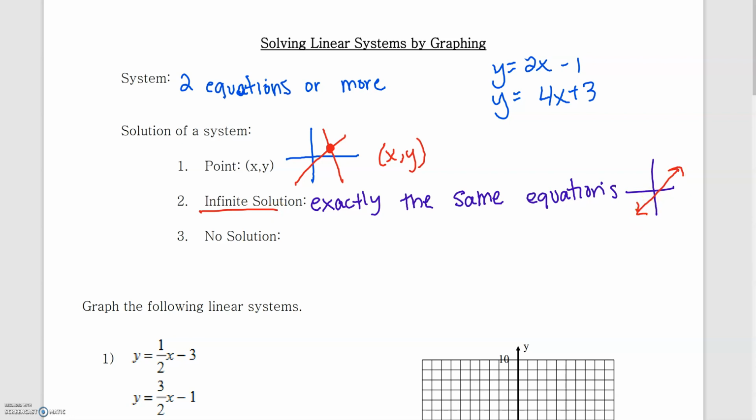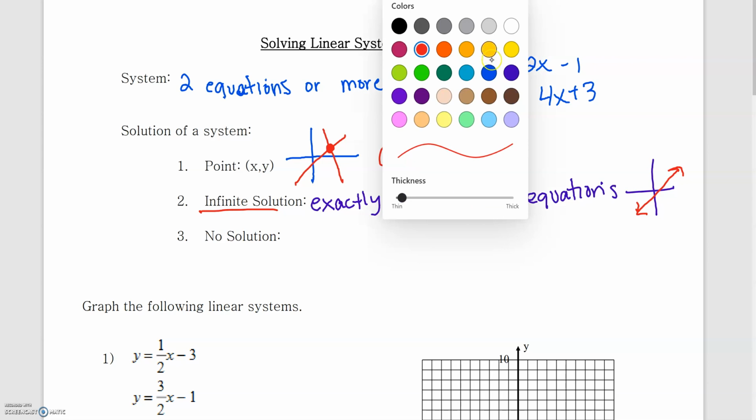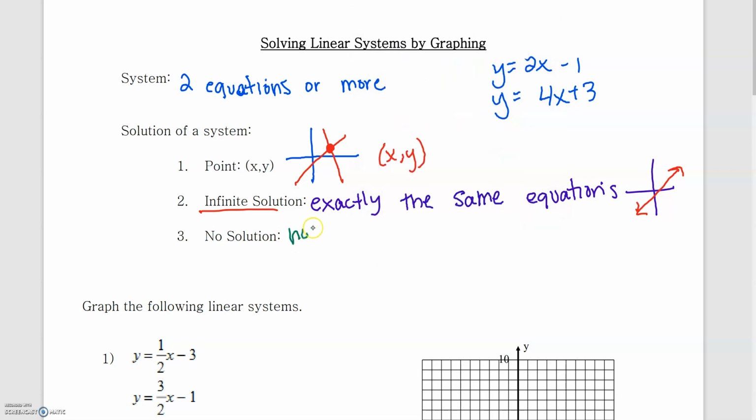And then no solution is going to be nothing in common. Or parallel lines. They never touch.